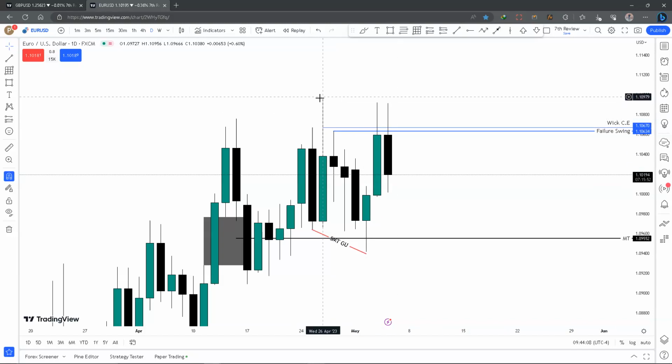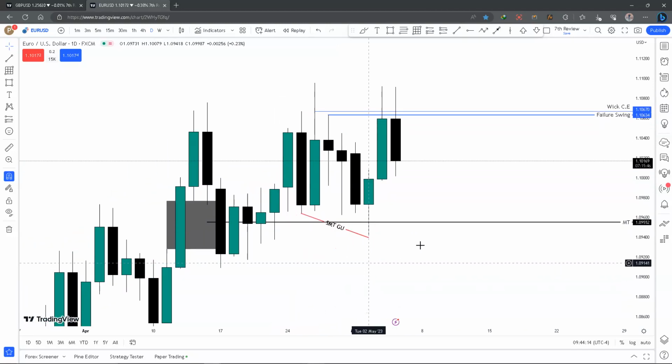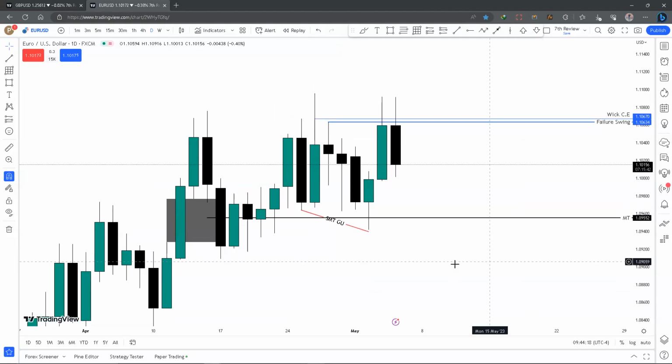And you can see it failed to take out that swing high. That's why I was emphasizing the fact that GBPUSD had shown a lot of strength, right? So I hope you understood that part.